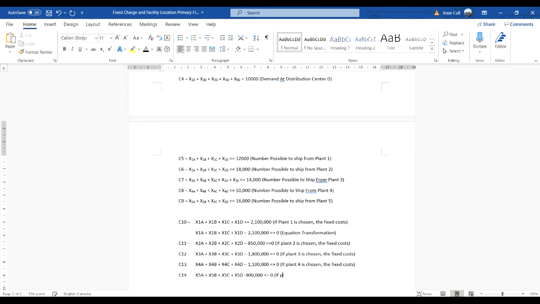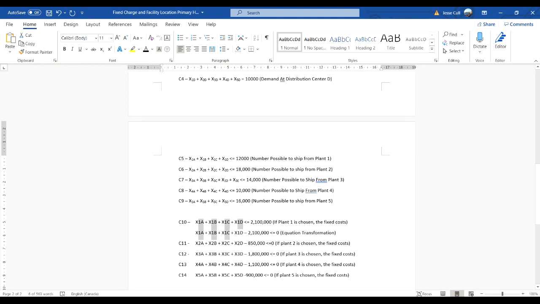If plant 5 is chosen, the fixed cost. Okay, so each of these constraints represent the fixed costs that would exist if that plant remains open.